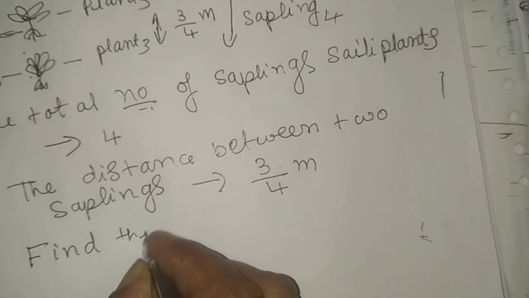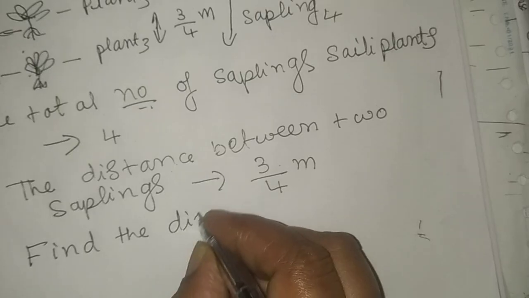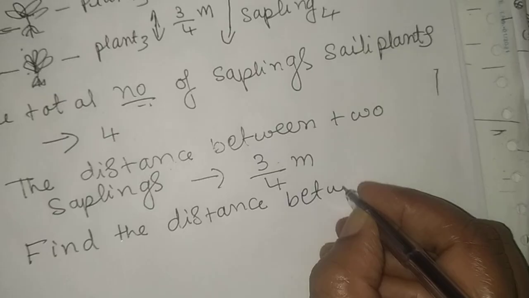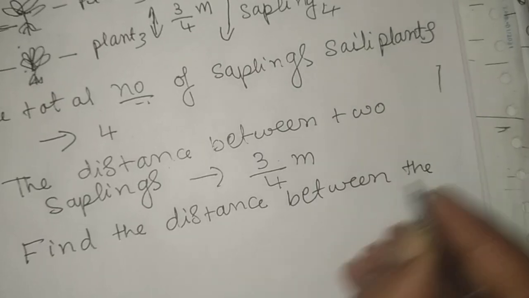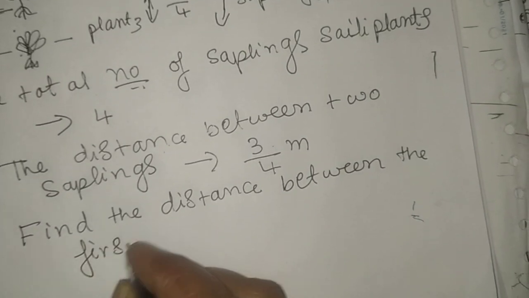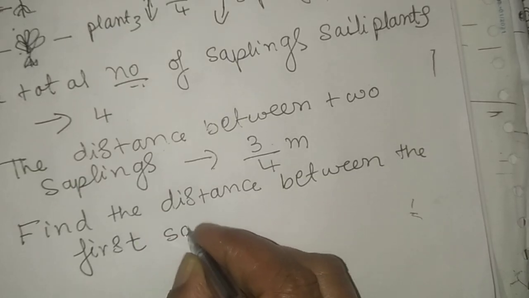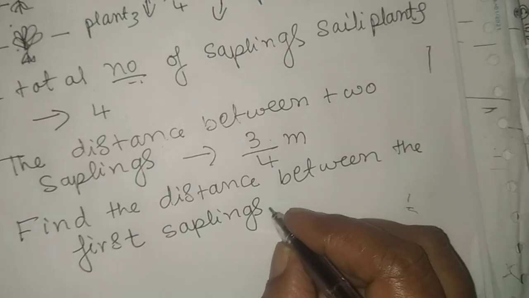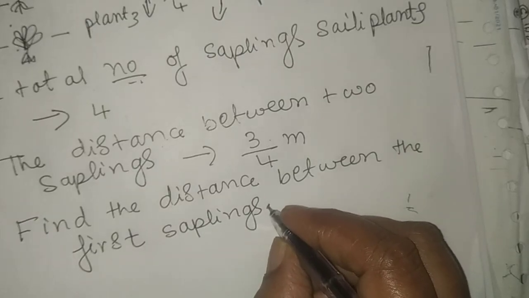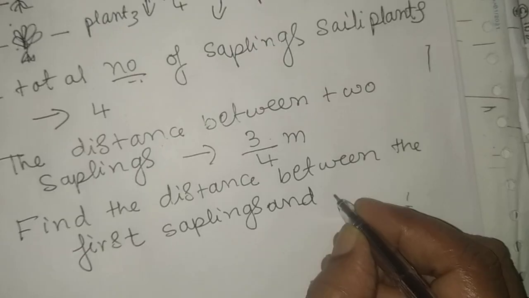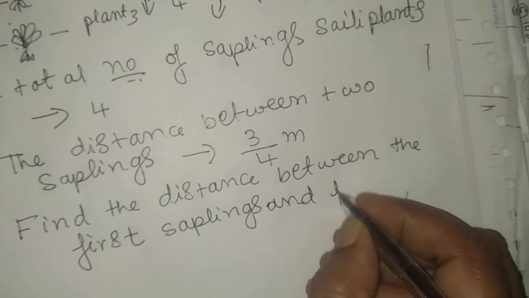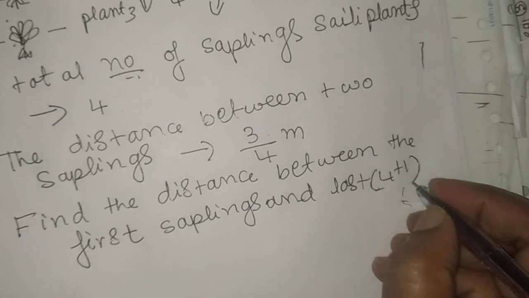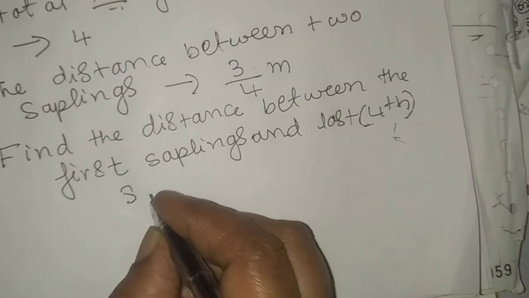Find the distance between the first saplings and the last, that is fourth saplings.